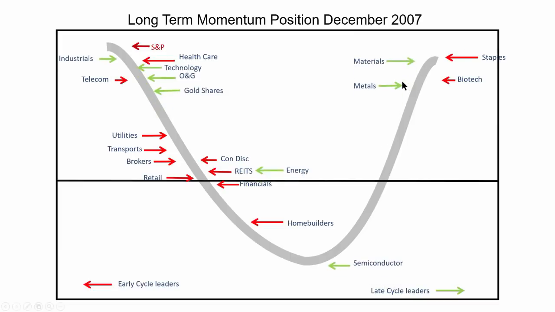And then we look at the lagging sectors, and we see that most of those were in a weak position, apart from the semiconductors. As I was saying, you expect the semis to be up here, but it doesn't happen in every cycle. Sometimes they move out of kilter because of individual structural problems or what have you for that particular cycle.